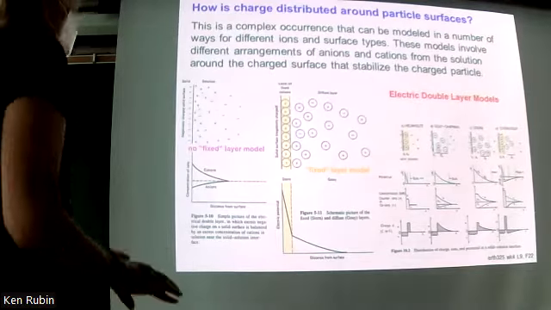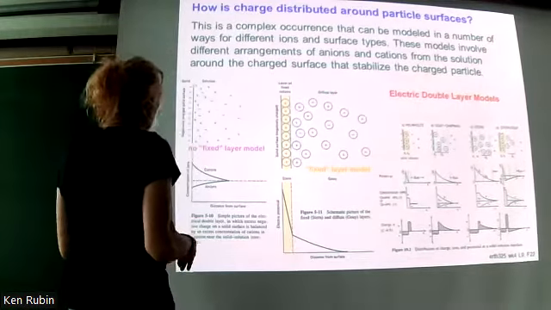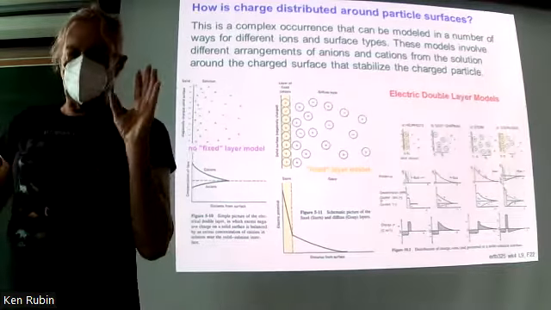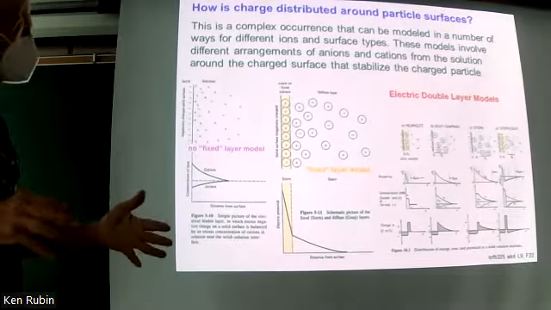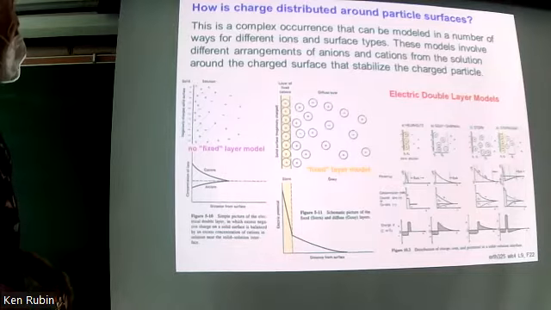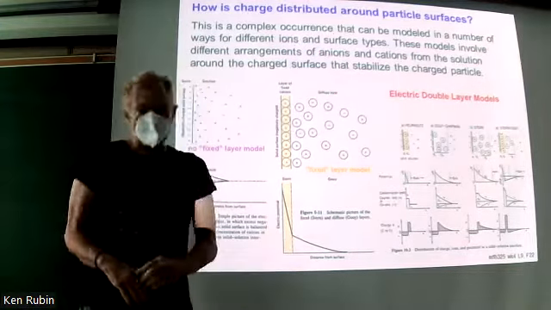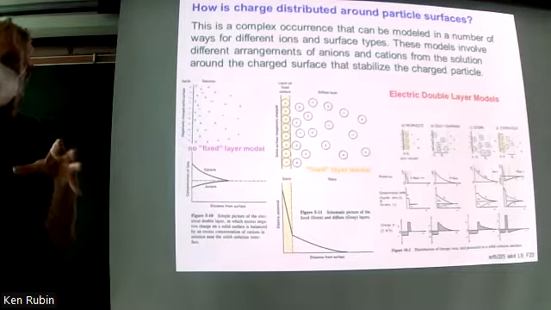So the final thing from last time that I wanted to mention is how charge distributes around surfaces. We already know there are 3 ways surfaces can get charged. We've got ions around them. The orientation of charges starts to matter when our particles get really close together.